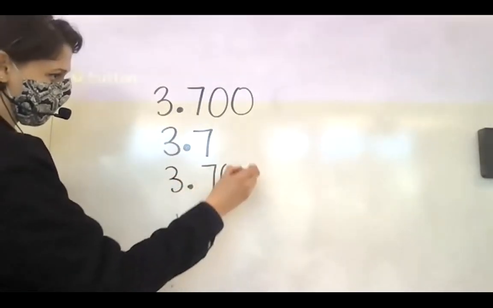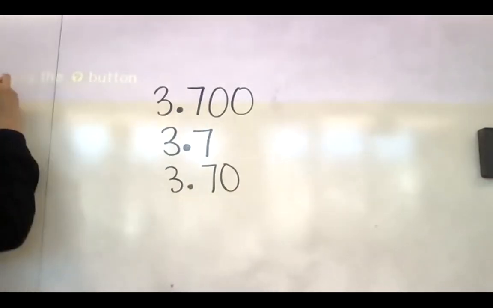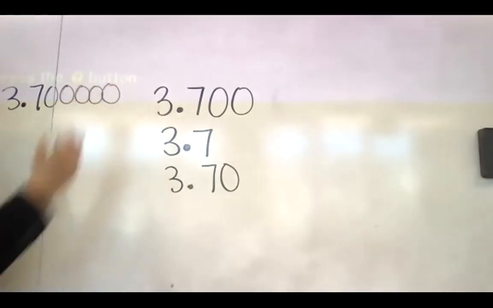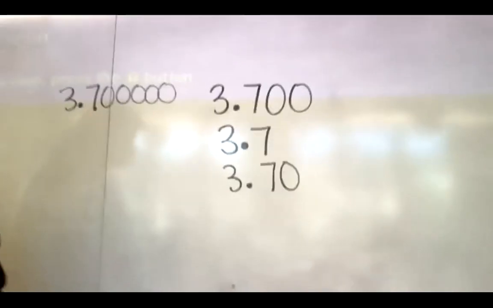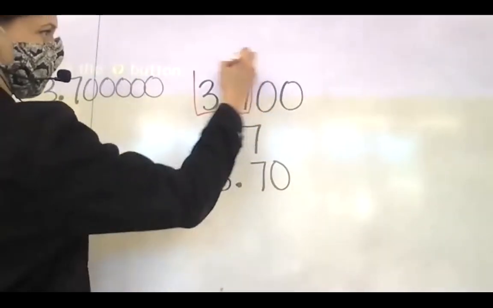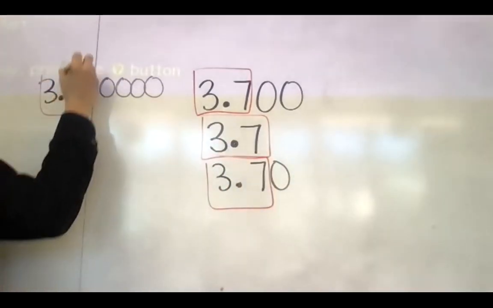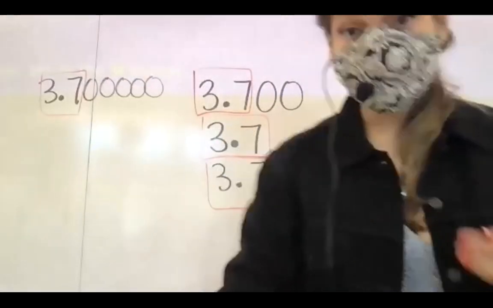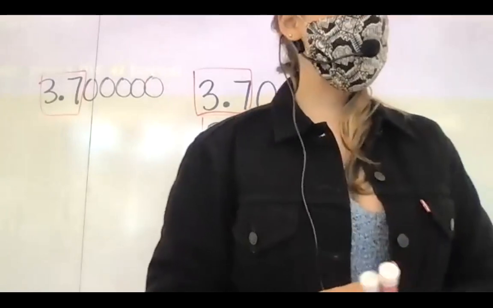Correct. I could take a 0 away. Or I could add a million zeros after it. I'm not going to do it. As long as in all of my answers I have these digits where they're supposed to be, why even waste your packing money? I can take away or add as many zeros as I want and have it be equivalent.